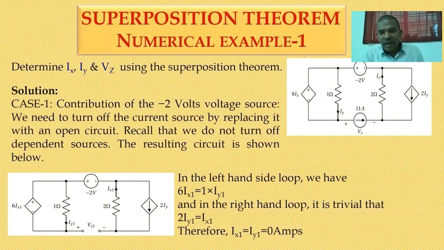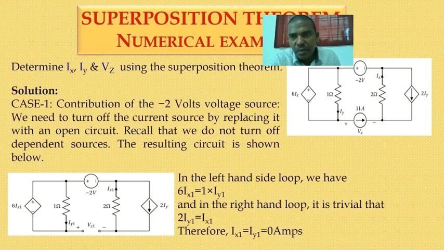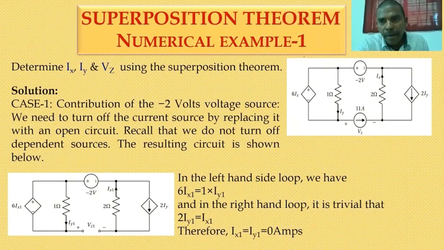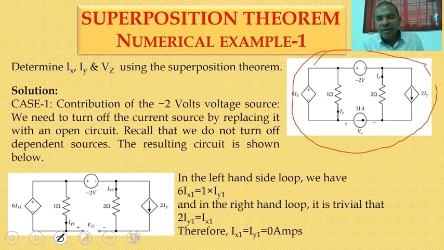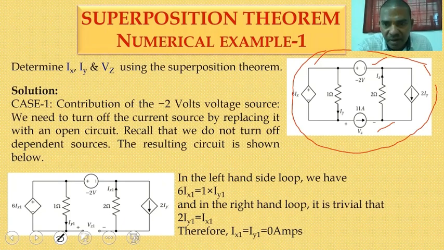The given network has two independent sources and two dependent sources. One independent source is a voltage source of 2 volts, and another is a current source of 11 amperes.